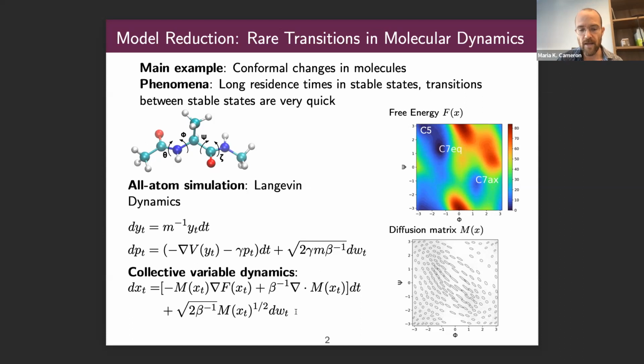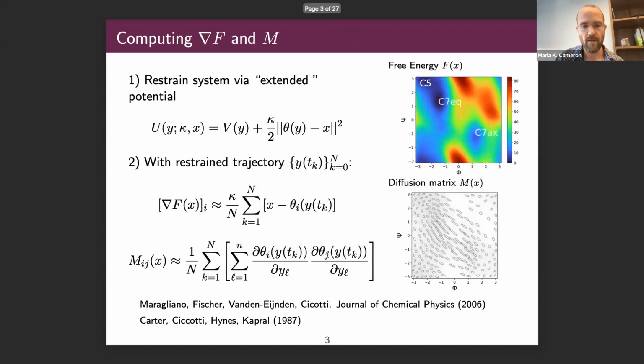The way the free energy and M are computed is through restrained simulations. The typical way of doing this is that if you have a particular set of collective variables, X, that you're wanting to look at, you add something to the potential function that keeps the trajectory in a small region, and then create appropriate averages to get, in this case, the mean force here, and then the diffusion matrix.